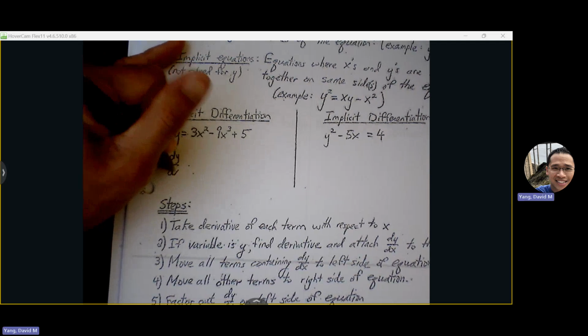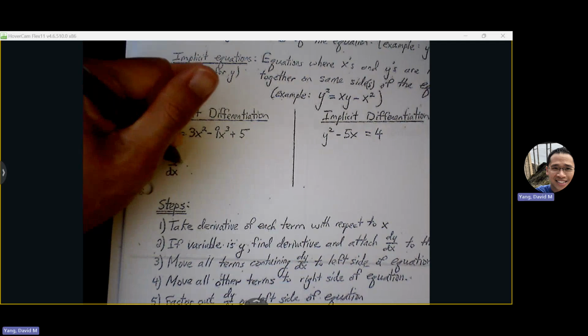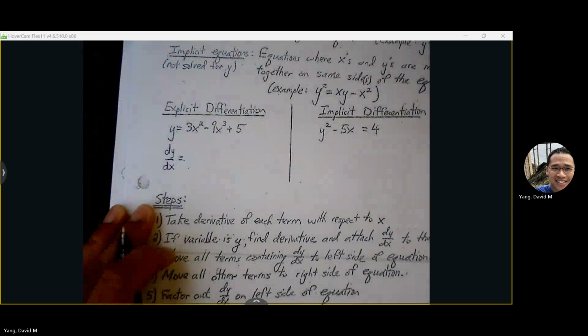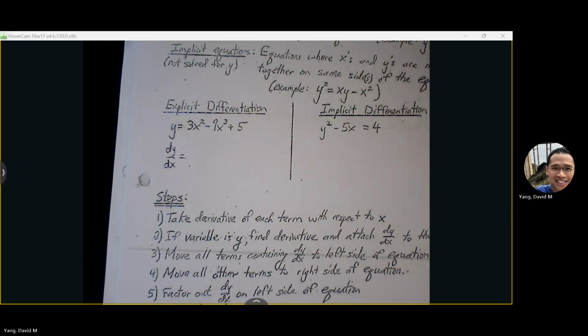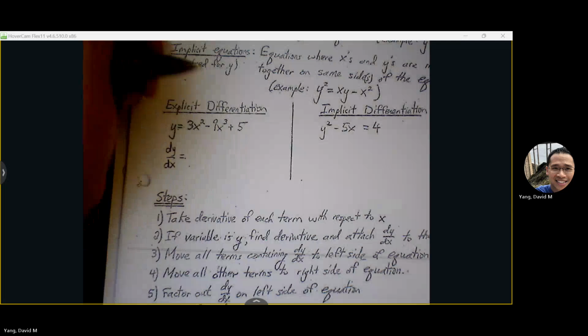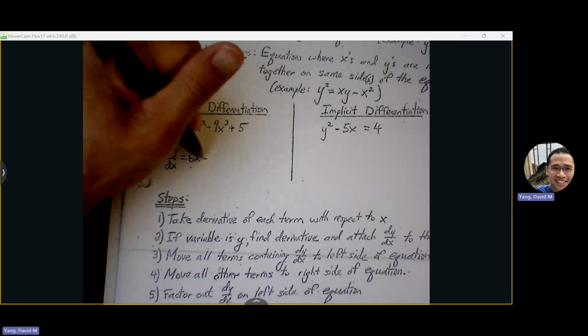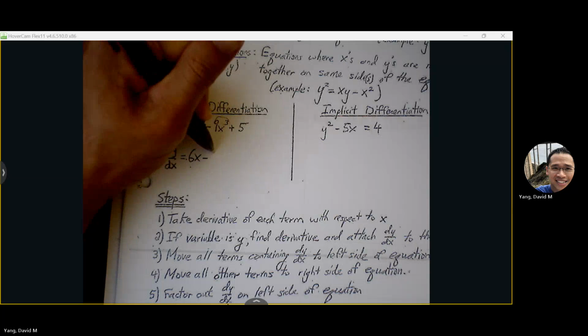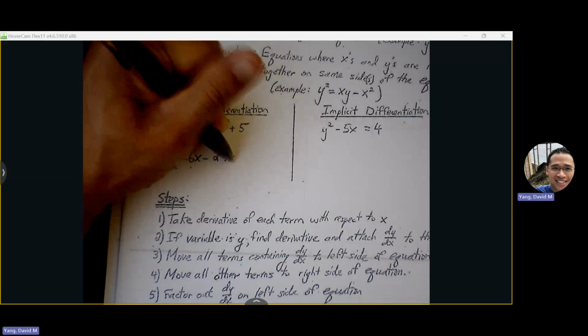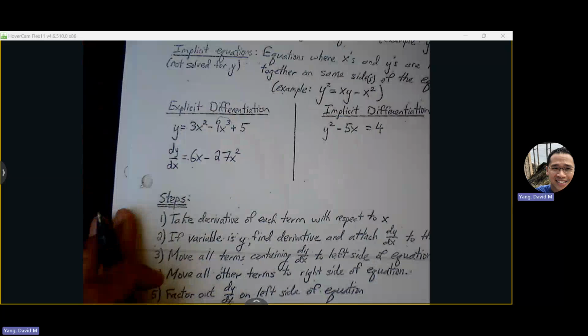That just means I'm finding the derivative of y with respect to x. All right, 3x squared becomes what? 6x, minus 27x squared, and then the 5 goes to 0.